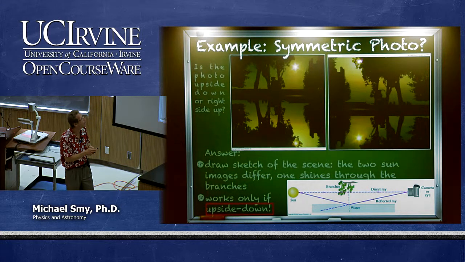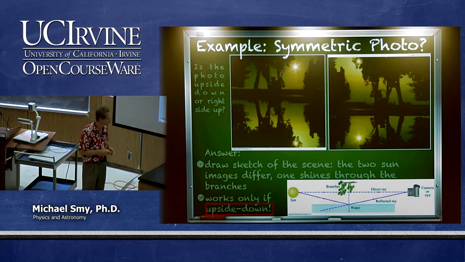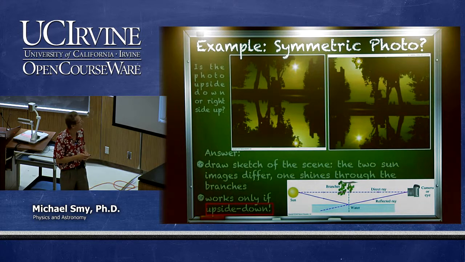Otherwise, we couldn't find any such a case where the sun shines through the branches. And so in the case of the reflected ray, the reflected rays stay clear of those branches, because they are lower than the direct rays. So it is the direct image of the sun that shines through the branches, which means this is top, or this is top.